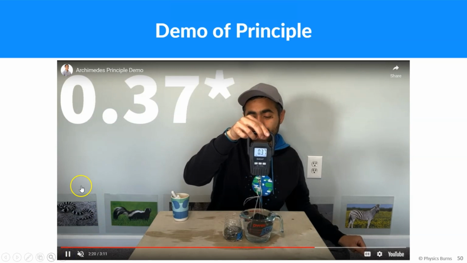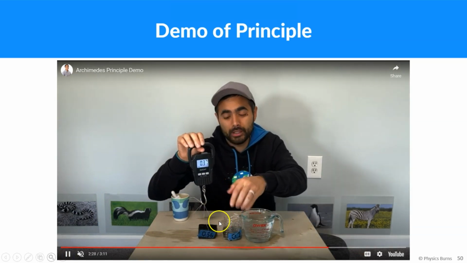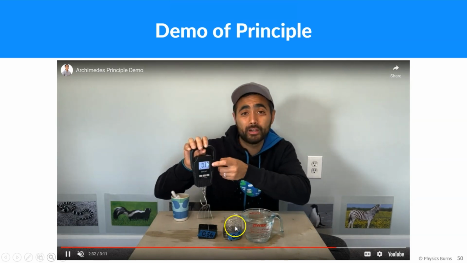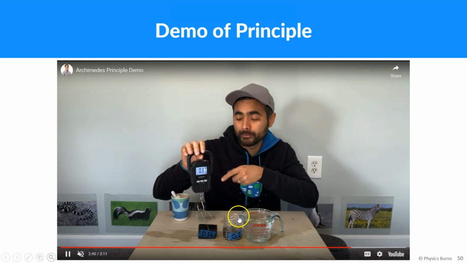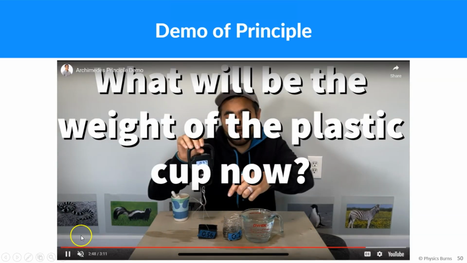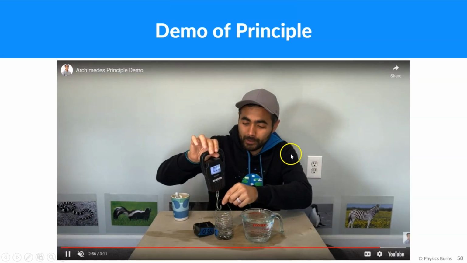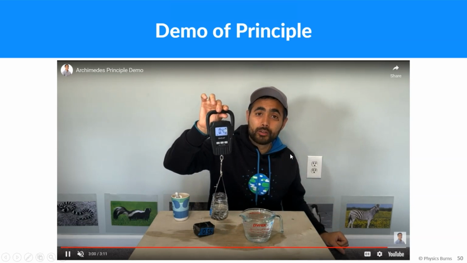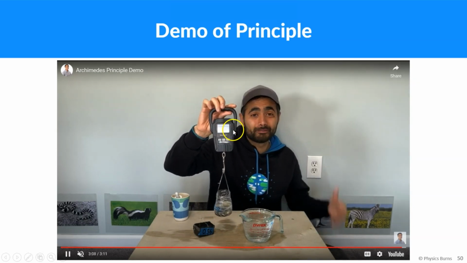So since it's displaced 0.19, now we're going to be weighing this. And this 0.2 should now be up to 0.39. So 0.2 plus 0.19, it should be 0.39. So let's see what happens. Okay, it's around 0.4, but then it balances at 0.39.